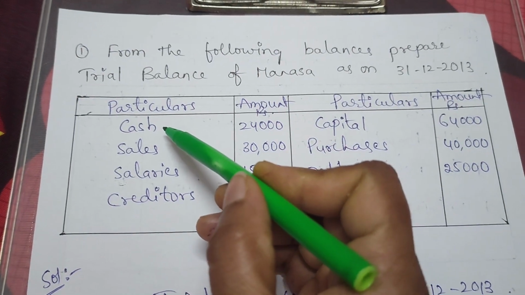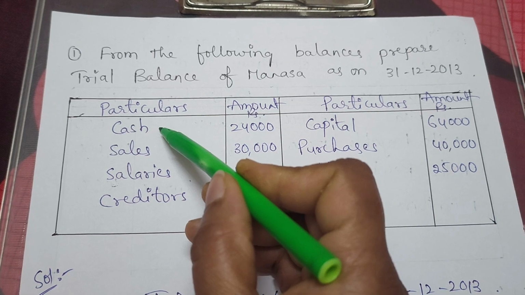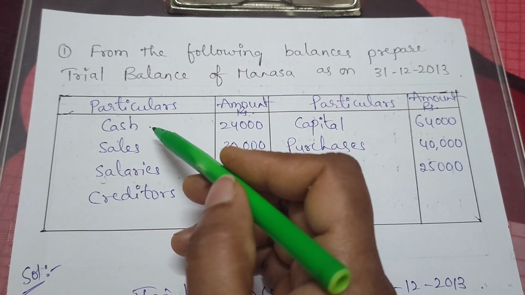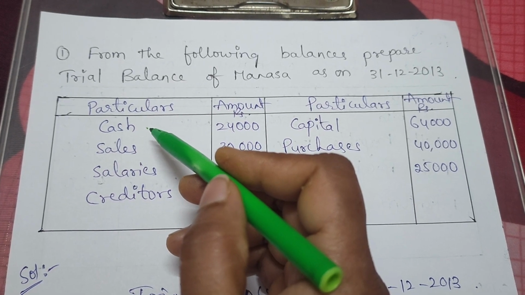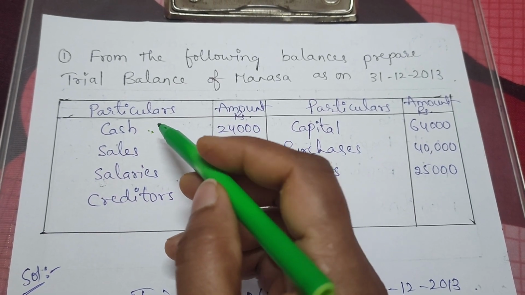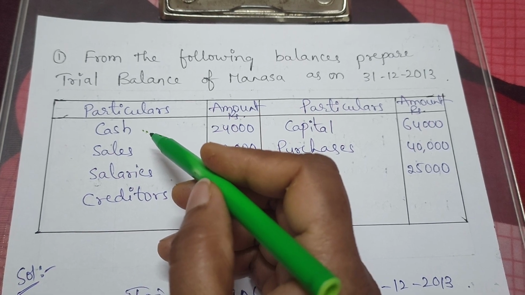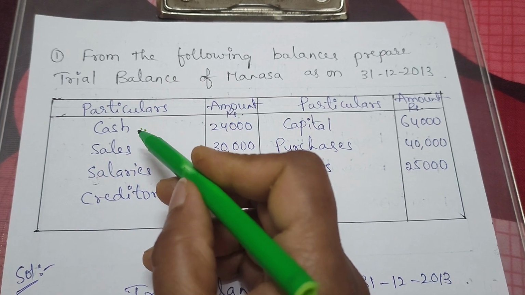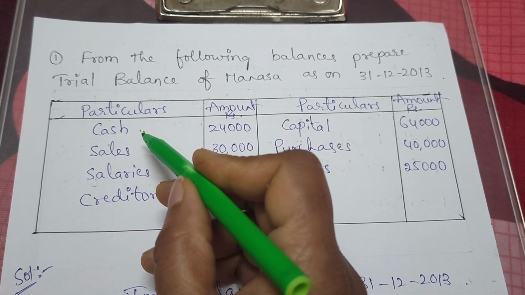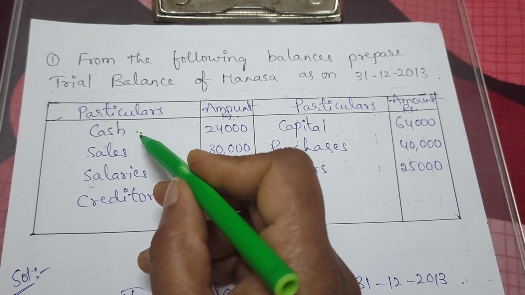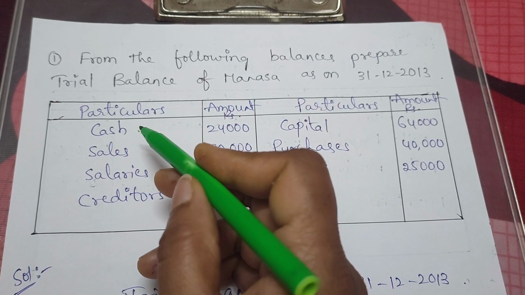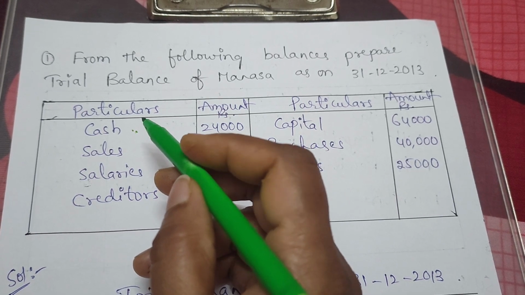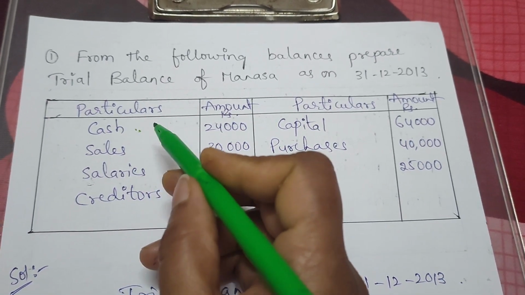First one is cash. Cash is an asset. I told you all that all assets should be debited. Whenever we prepare a trial balance, I have given the debit rule as well as the credit rule. What is the debit rule? Debit all assets and expenses. And not only that, we have to debit some more items: purchases, sales returns, drawings, bad debts, depreciation.